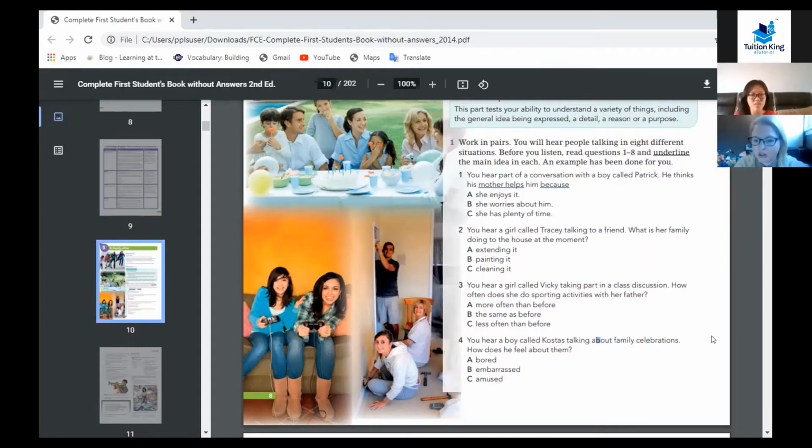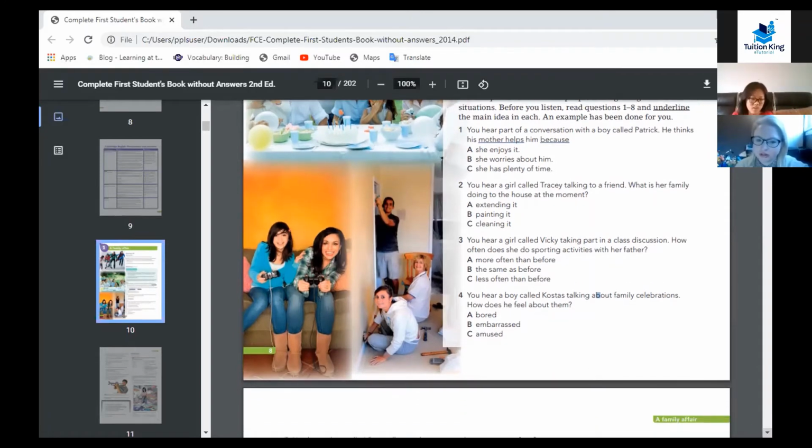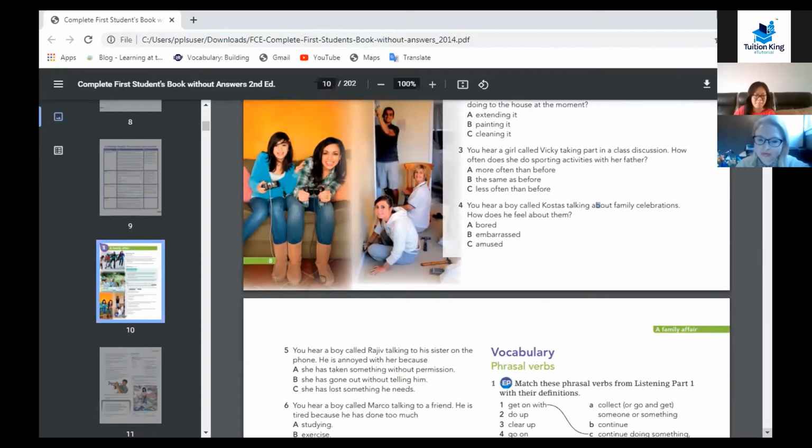Okay, so what about number 2? Actually, number 2, I'm not sure, but I think it's B, hinting it. Okay. And then question 3, the answer will be C, less often than before.